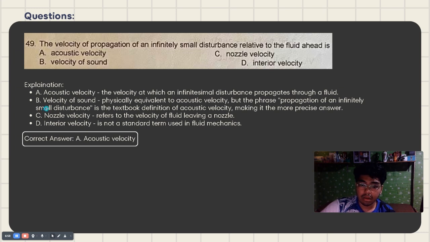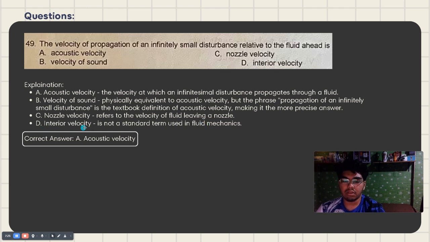B. Velocity of sound is physically equivalent to acoustic velocity, but the phrase propagation of an infinitely small disturbance is the textbook definition of acoustic velocity, making it the more precise answer. C. Nozzle velocity refers to the velocity of fluid leaving a nozzle.